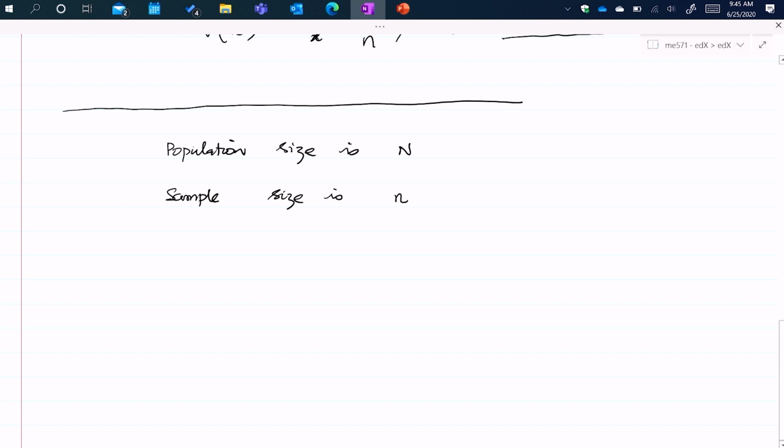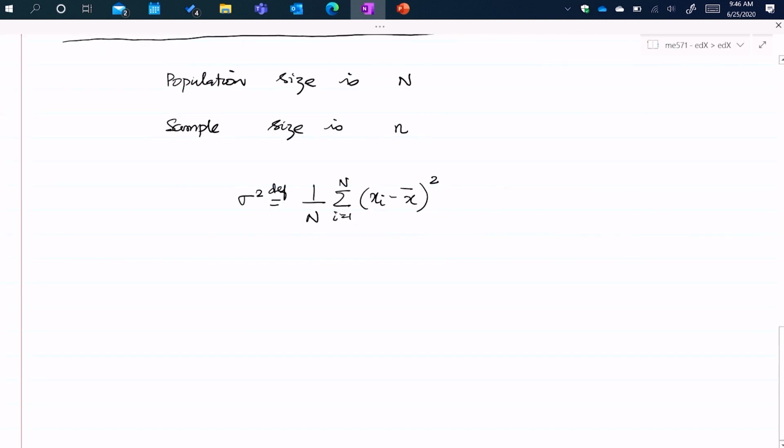So by definition, sigma squared is 1 over N summation i going from 1 to capital N of xi minus mu squared.